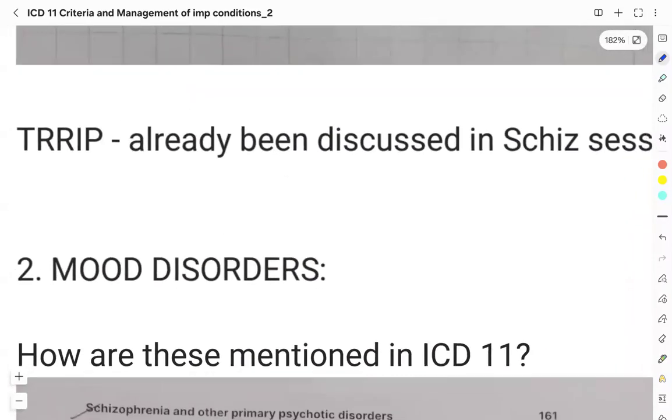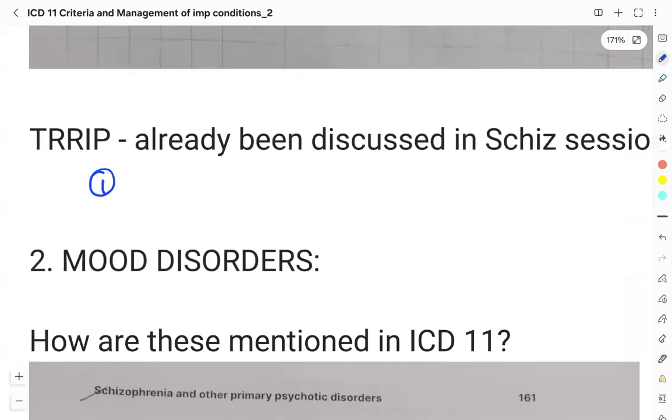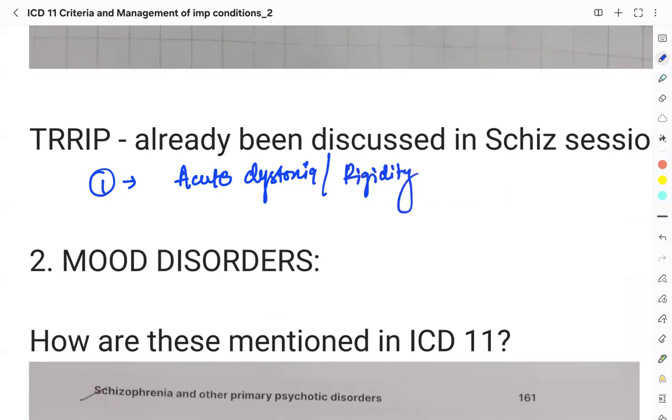My first question is: your patient presents with acute dystonia, or let's say rigidity, bradykinesia. What is the drug that you are going to start?